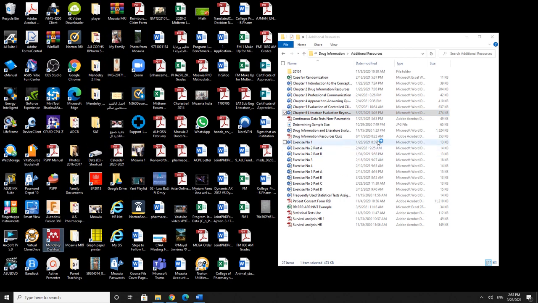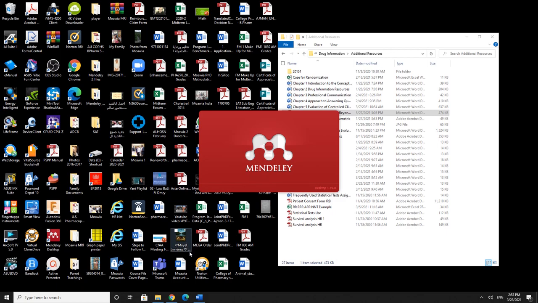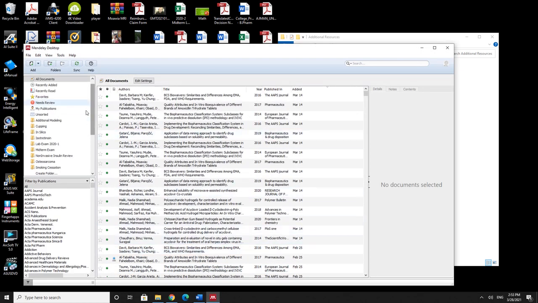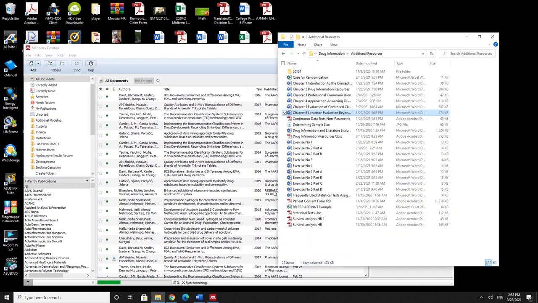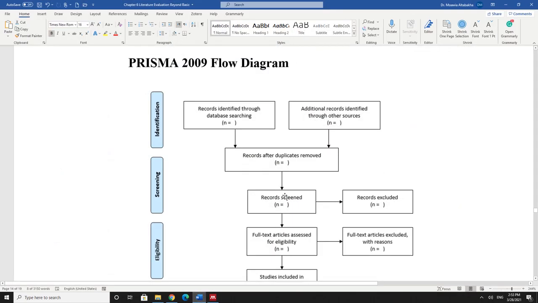When you take them to Mendeley, there is a way in Mendeley to find the duplication. If you go here, you see check for duplicates, and it will show you if there are duplicates, and you need to remove these duplicates.